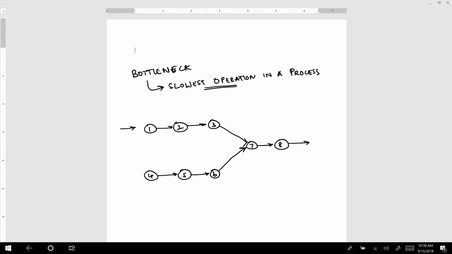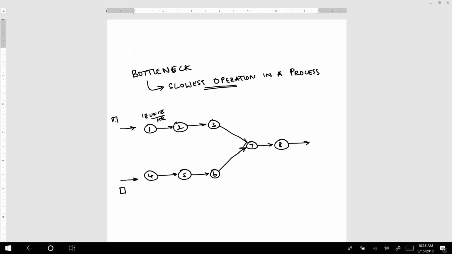And products go into these two parallelly. So that's products. So the effective capacity of operation 1 is 18 units per hour.